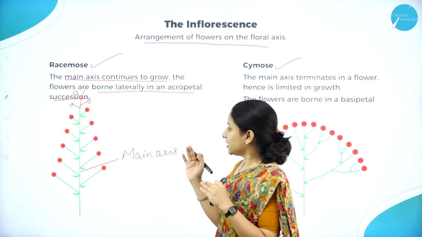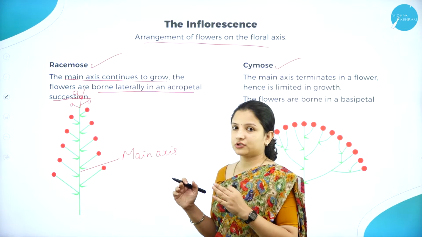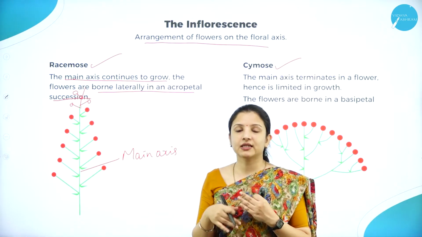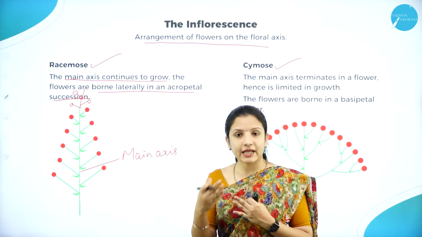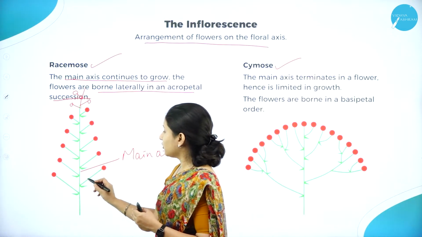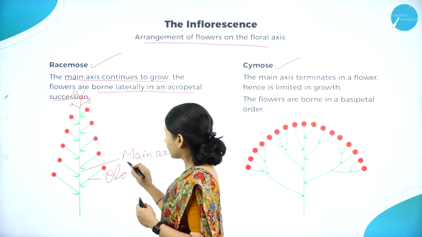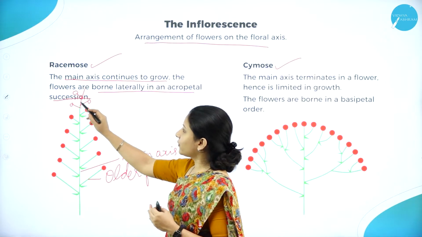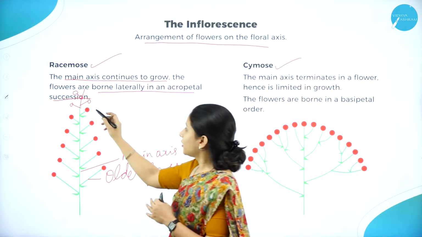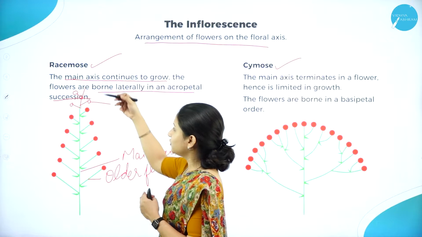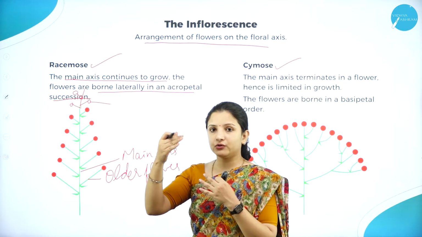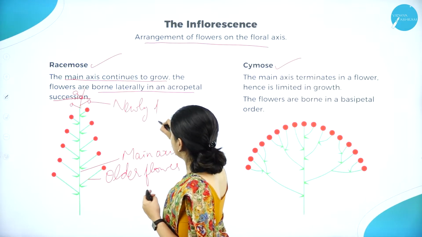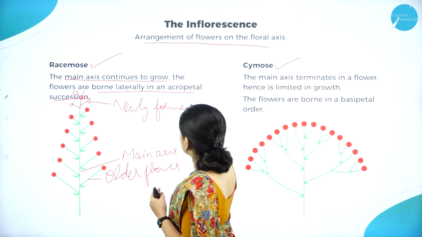Similarly here, in the case of racemose inflorescence, the first formed flowers will mature fast, and they will wither or age fast. So these will be the older flowers. In acropetal arrangement, the older flowers will be at the base and the younger ones are still forming, so the younger ones will be at the top. These are the newly formed, young flowers.